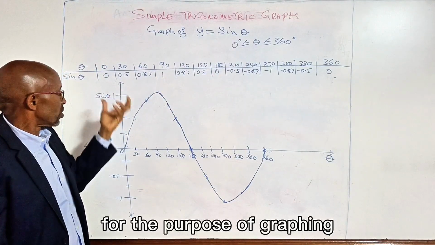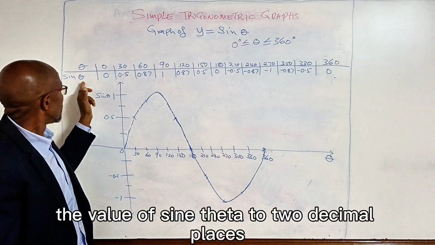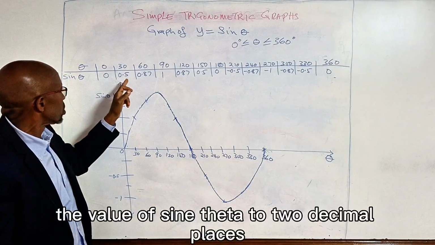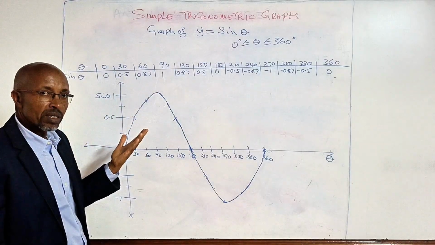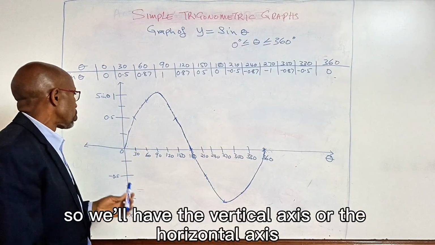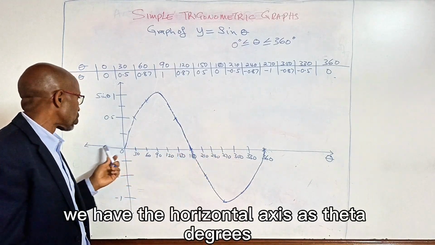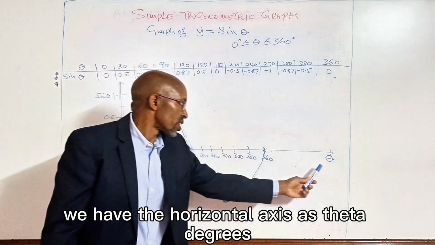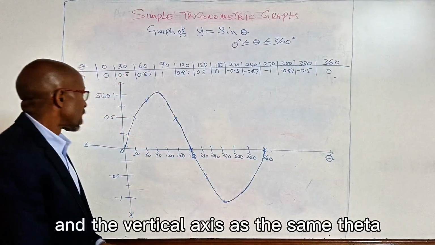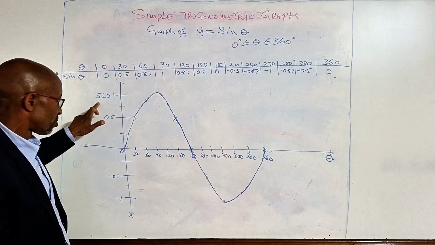For the purpose of graphing, we have approximated the value of sine theta to 2 decimal places for the purposes of drawing the graph. We have the horizontal axis as theta degrees and the vertical axis as sine theta.